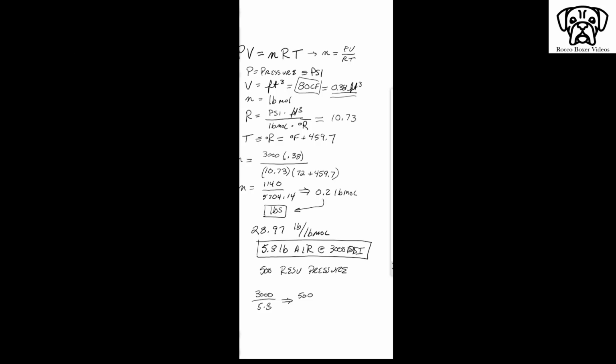If we do this math, we find x equals 1 pound. A single pound of air is left. So we go from 5.8 pounds when we start down to 1 pound when we finish, and we consume about 4.8 pounds of air in our breathing.